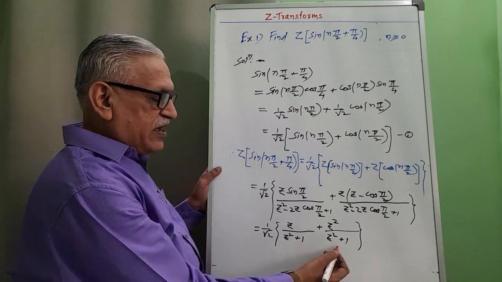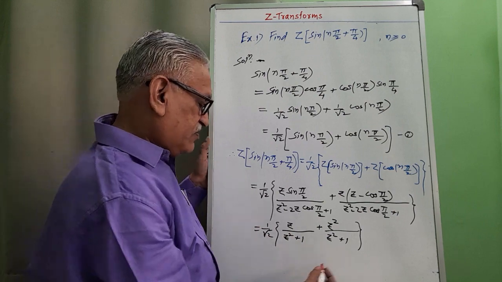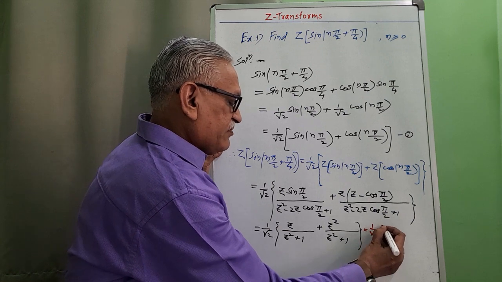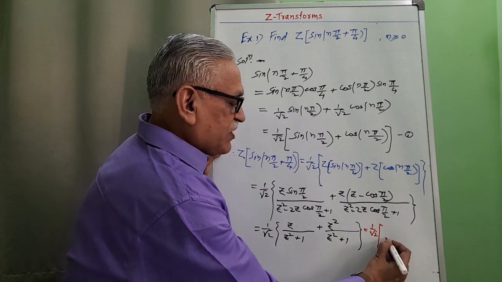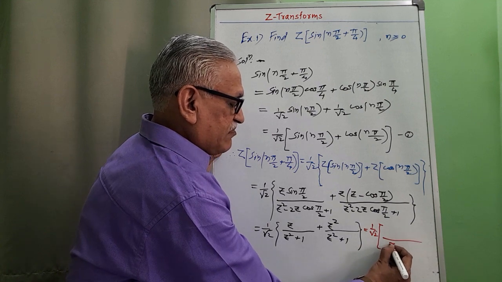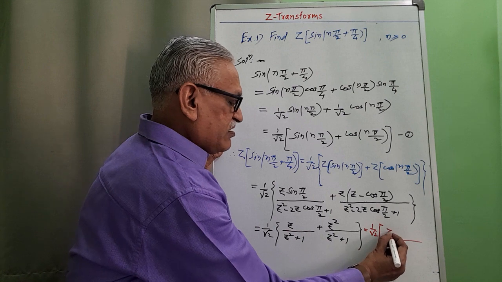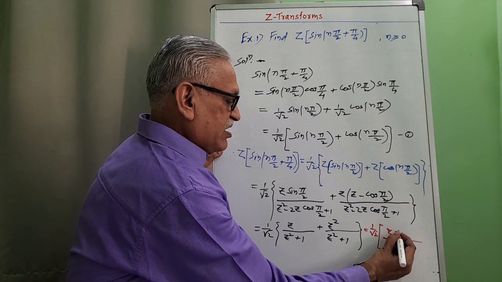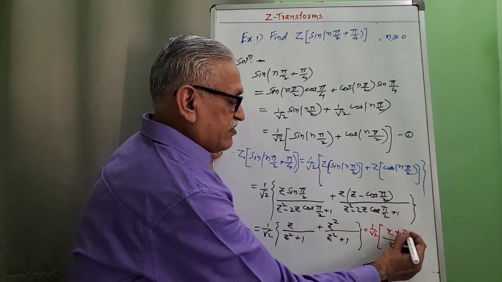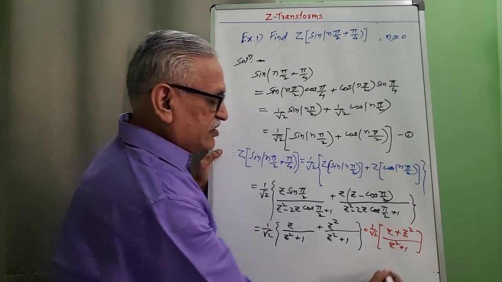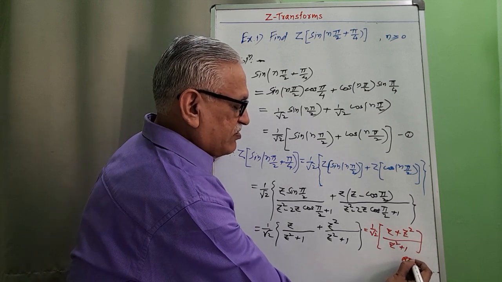Therefore, as the denominator is the same, we can rewrite this as 1/√2, taking LCM as Z² plus 1. In the numerator we have Z plus Z². This is the required answer.